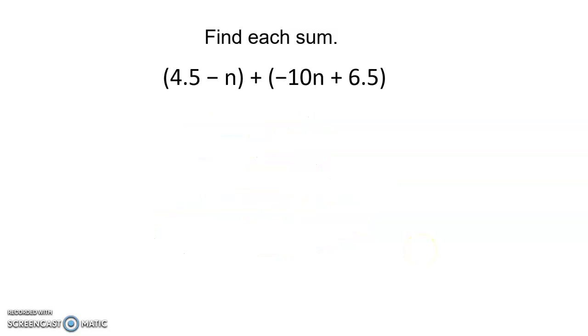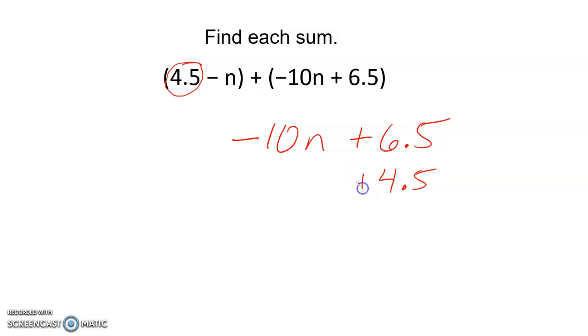All right, now this one's a little trickier. Let's go ahead and put the negative 10n in and the plus 6.5. Now, do you see how the 4.5 is here? I'm not going to put it with the 10n because it doesn't have the letter n. So I'm going to put it over here with the 6.5. And it is positive, so I'm going to put a positive. And then the n, that's a negative n, so negative n, and I'm going to put a 1 with it.